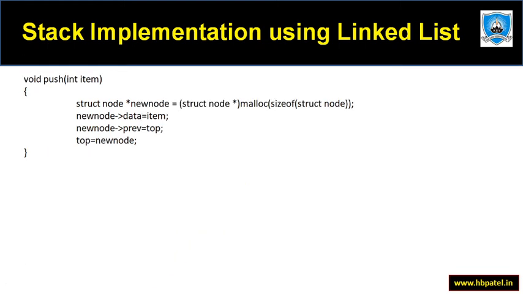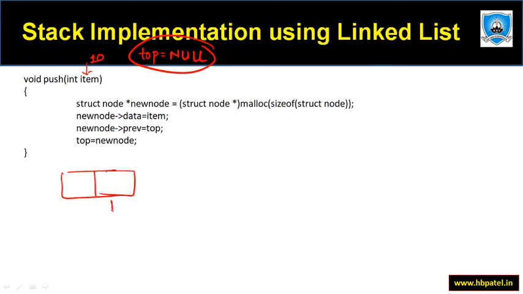You can see push is a very simple function. For example, push with item 10, and initially I know that top equals null. Now what am I going to do? struct node star new node. I am going to create a structure with two members: one is the data member, the other is the previous pointer.